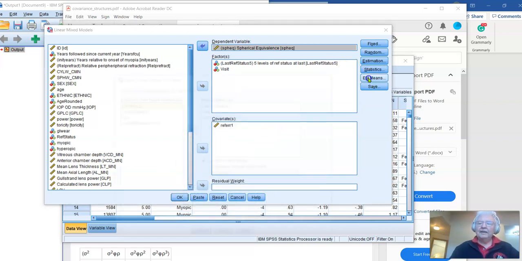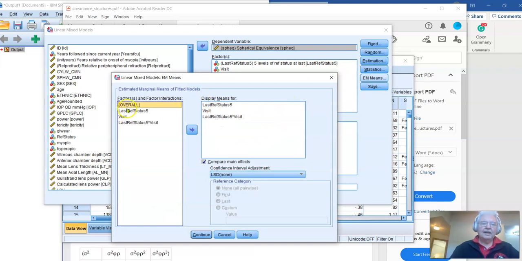Okay, and then our means, of course, and again we select all three of these. These are our main effects, and usually when we're going to do our plots, we're going to look at last refractive status by visit because we want to look at the means for visit at each level of last refractive status. Compare the main effects.